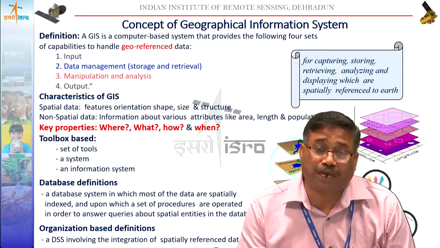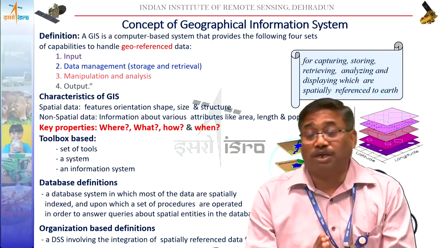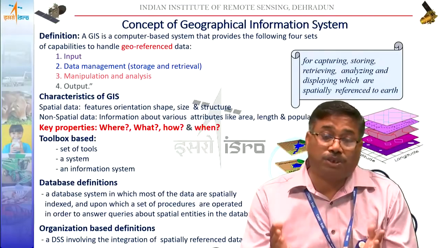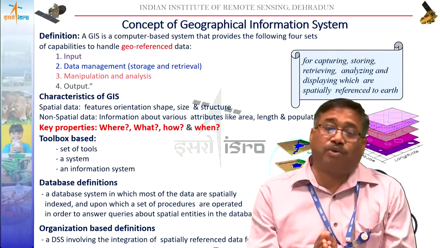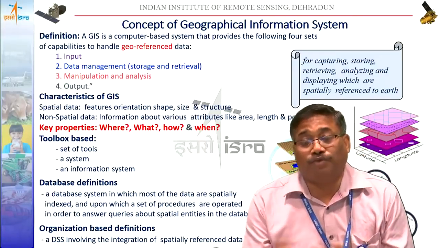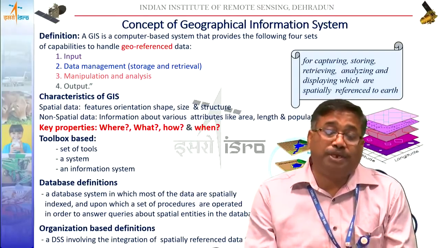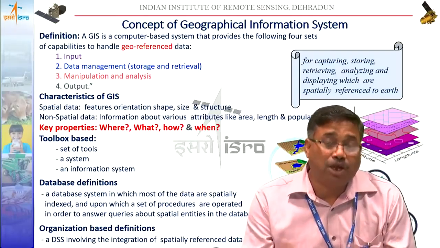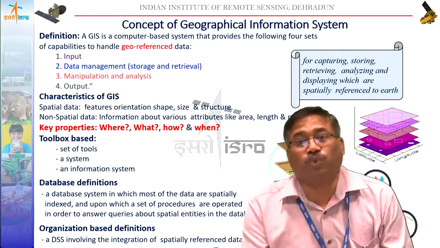If you have more precise information, you can come up with a good solution, because the uncertainty or the accuracy of the data lies with your output. So whatever accurate data you provide to the system, the better output you can visualize once you do the analysis. Then what means what is that object, how it is related to other objects, and when it is going to change.